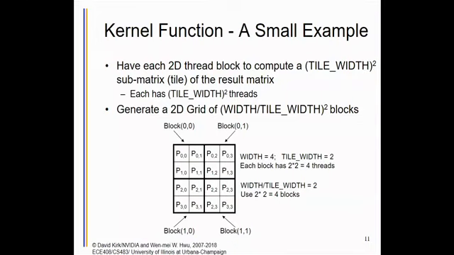So when we map that to the GPU, there's a very obvious way to parallelize this piece of code. The generation of all the P elements doesn't depend on each other, right? Every P element can be generated as an inner product of one row of M and one column of N, and they don't depend on each other's outcome.